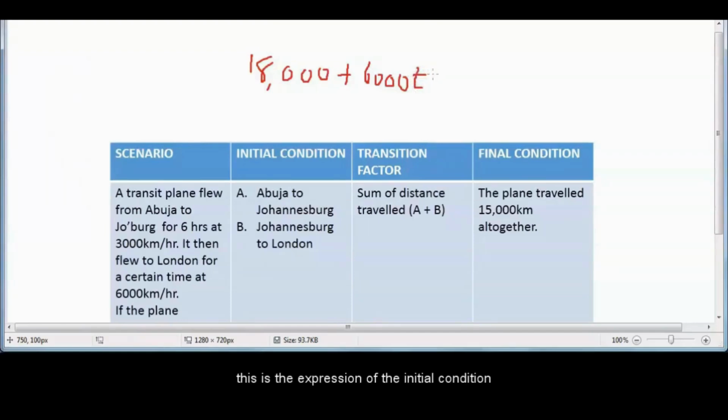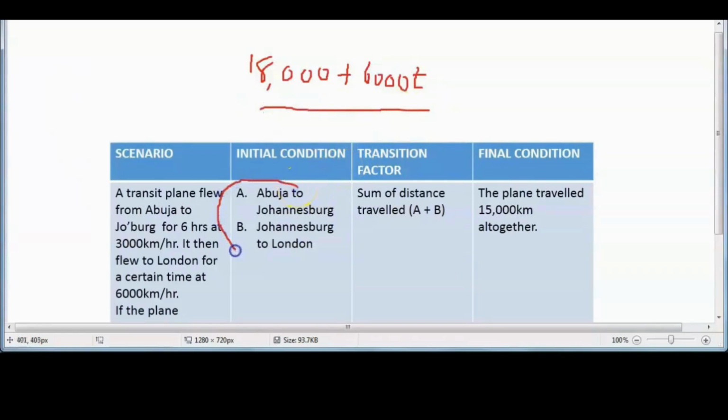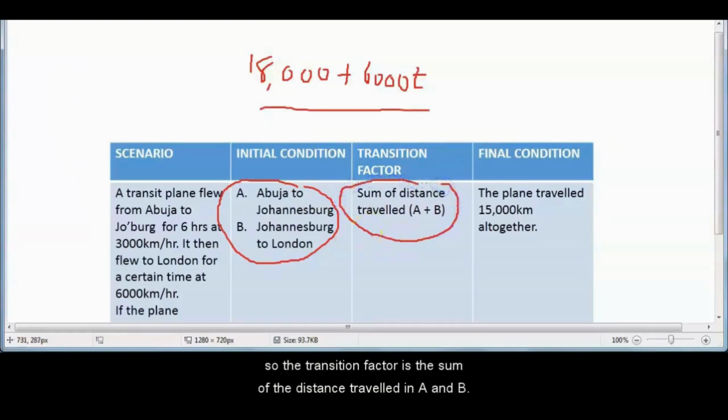This is the expression of the initial condition. Okay, the action has been performed here. So the transition factor is the sum of the distance traveled in A and B. This is the transition, sum of the distance traveled in A and B.